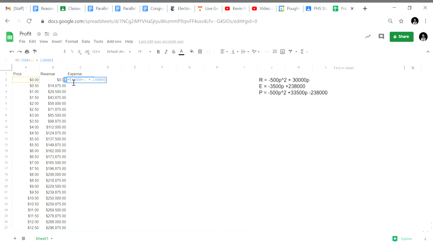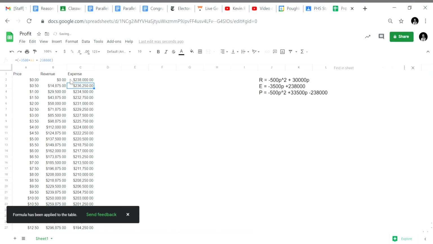And I'll hit enter. And it does say 238,000 would be my expenses. And to autofill, it is going to be control enter. You may have to drag the blue box down and it'll just fill it in for you.